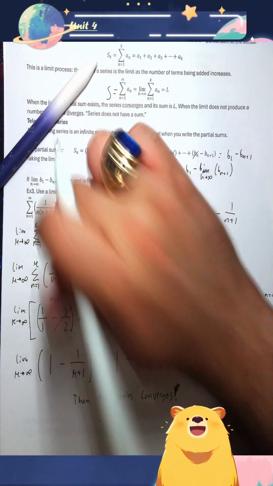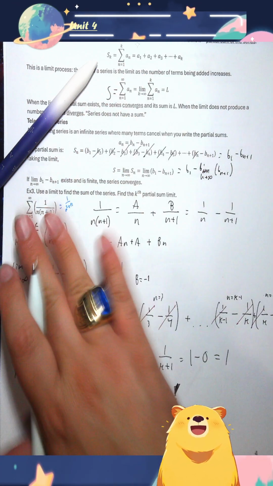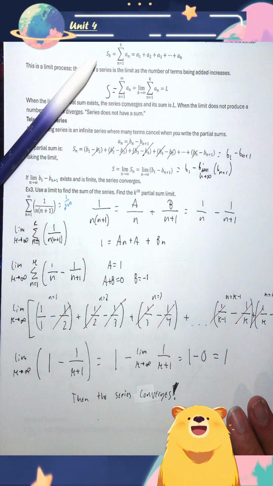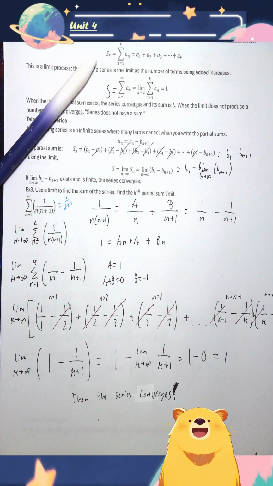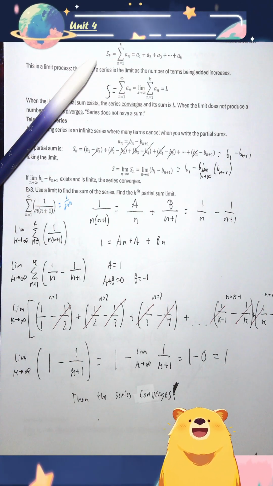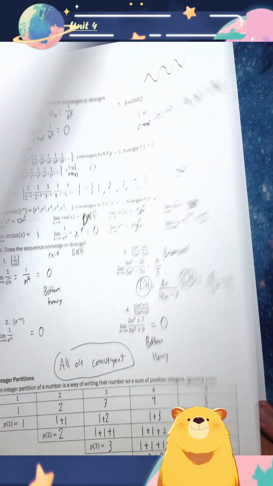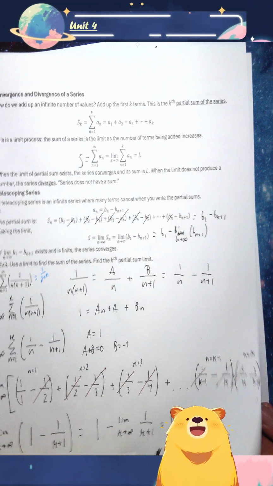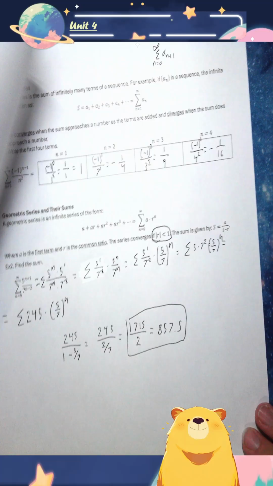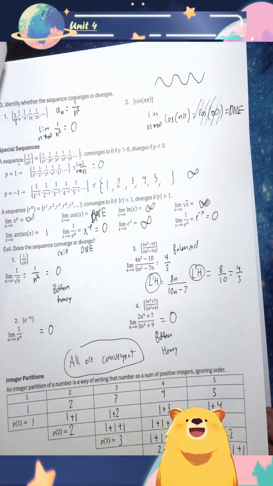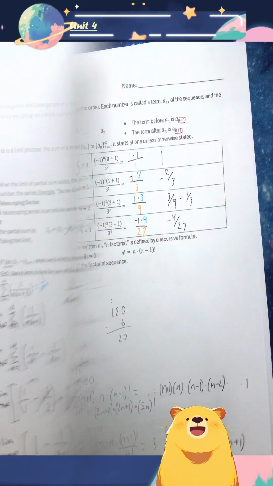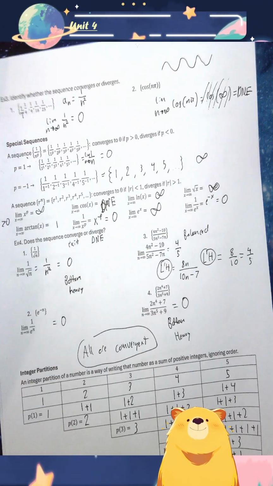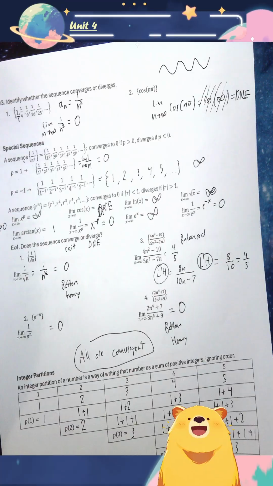So we know that that converges to zero, but the sum existing is its own little tidbit. So you may get asked to prove convergence because the sum exists, or prove convergence because the sequence limit exists, and things like that. So just keep that in mind.